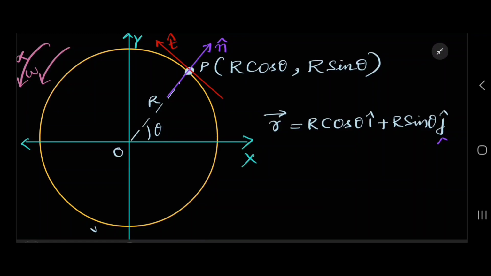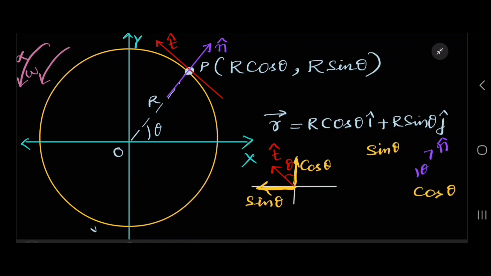And I can also write n cap and t cap in terms of theta, because as theta changes, the direction of n cap and t cap is also changing. So t cap is making an angle theta with the vertical, and it is a unit vector of magnitude 1. So resolving t cap, the x component is 1 sin theta, y is 1 cos theta.